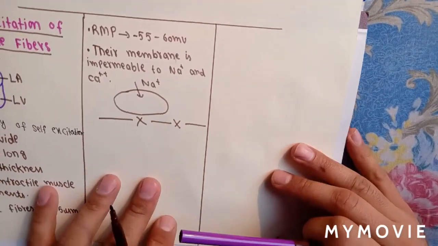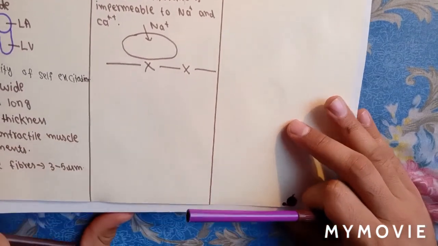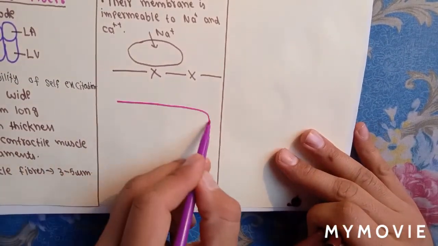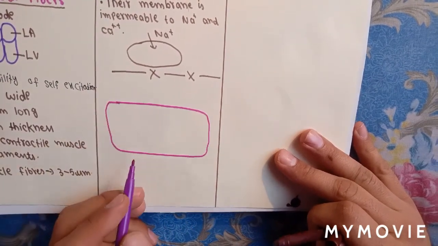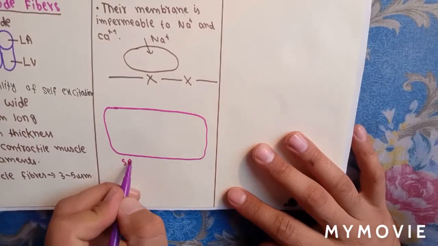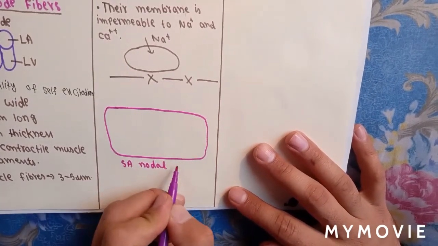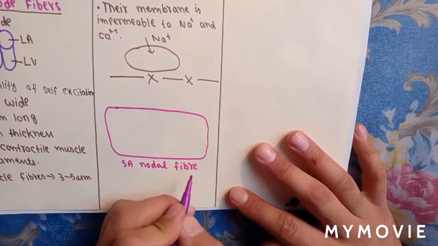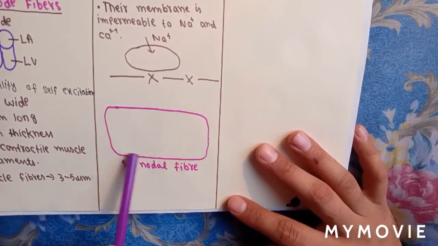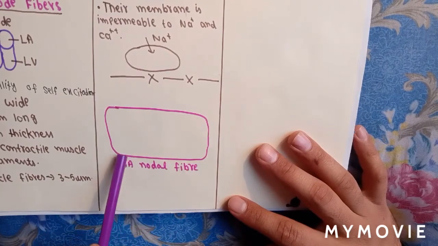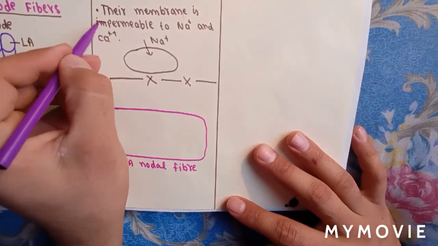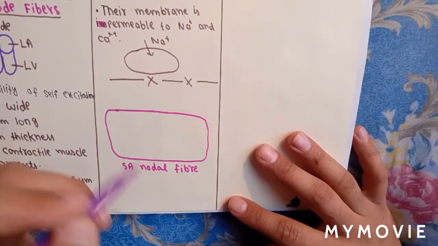In normal condition, the sodium ion moves inside the cell. This is the cell of the SA node, the SA nodal cell. What is this? SA nodal cell, or these muscle cells are commonly called fibers. So this is the SA nodal fiber. In normal condition, at resting membrane potential, it is permeable, which means that ions can pass through it.